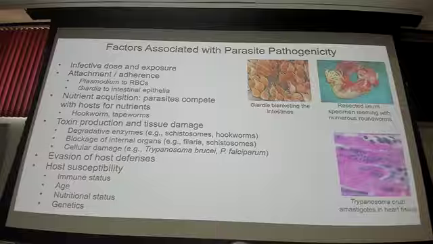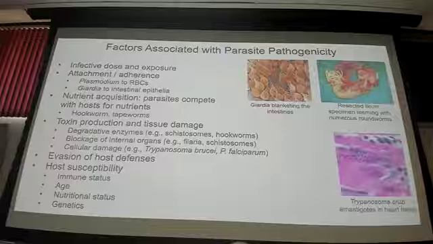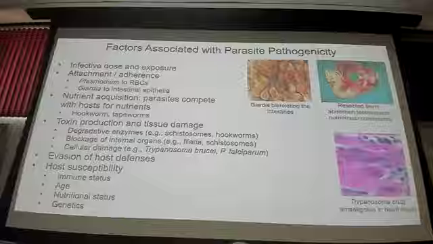Some of them will feed directly from your colonic tissue and draw small amounts of blood from the intestines. Others will just absorb nutrients through their tegument, through their skin basically. So they're doing minimal damage to you, they're just siphoning away calories and nutrients from you as you're eating things.